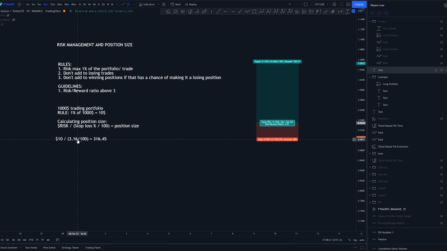The $10 divided by the stop loss percentage divided by 100 is $316. So this would be the size of our position we are entering here. If the trade goes bad, we are only losing the $10. And that's how simple it is.